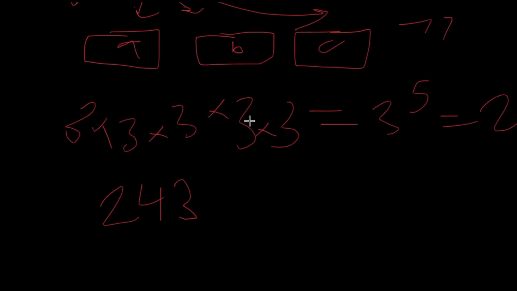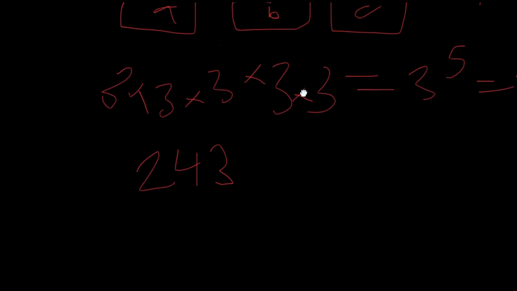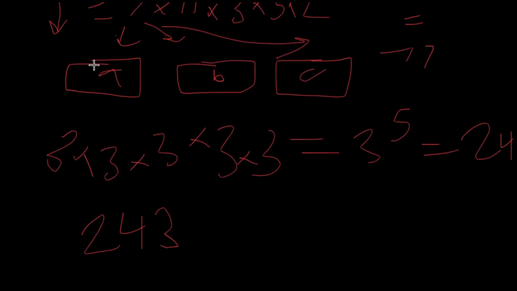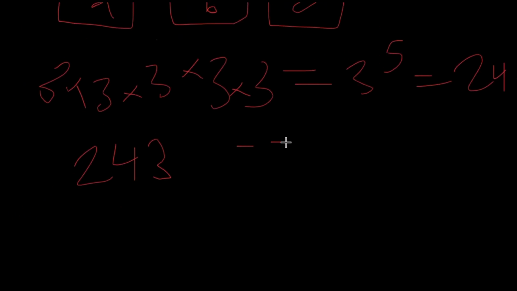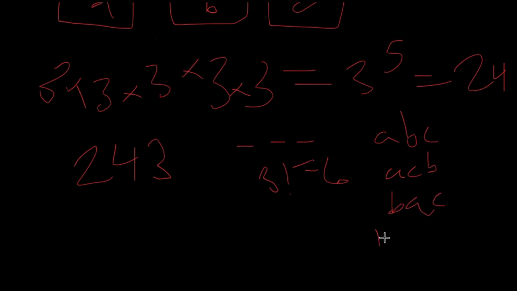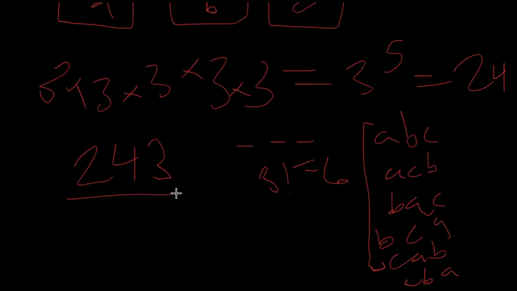To do that, we divide by the number of ways we can arrange these 3 elements, which is 3 factorial, or 6: ABC, ACB, BAC, BCA, CAB, and CBA. So now we divide 243 by 6.